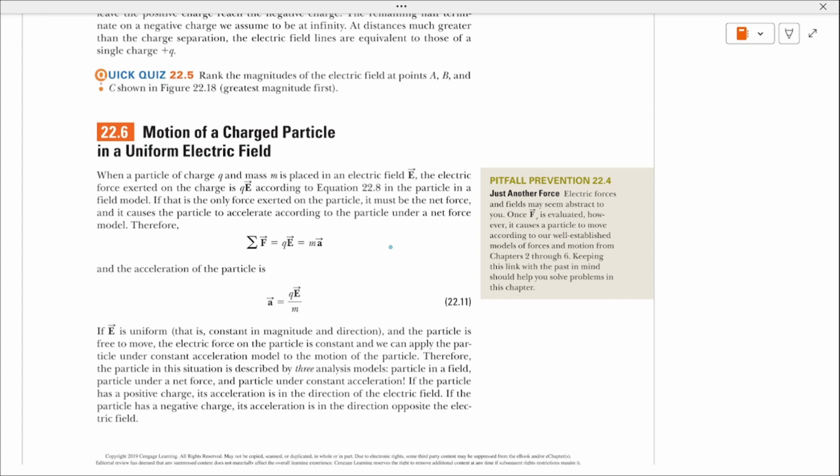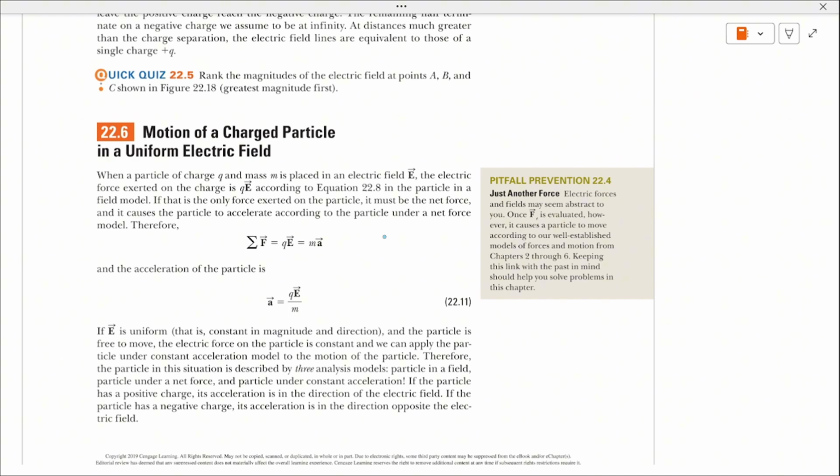Now to discuss the motion of a charged particle in a uniform electric field. Well, it's going to be very similar to the motion of a mass in a uniform gravitational field. So we set the electric force equal to ma, because that's the net force, and then the acceleration is the ratio of q to m multiplied by the strength of the electric field.